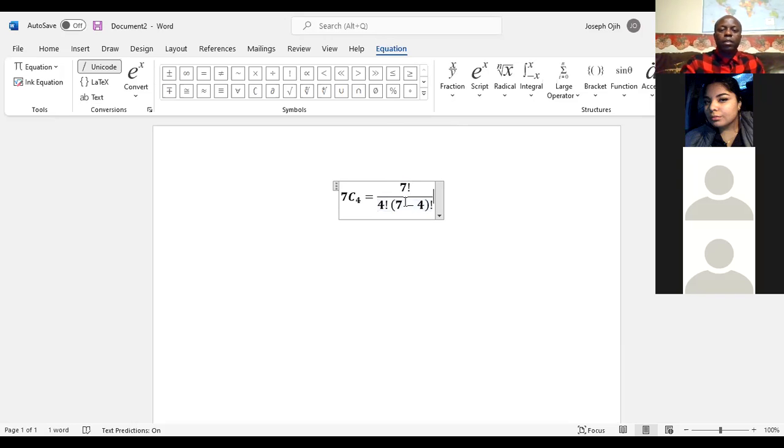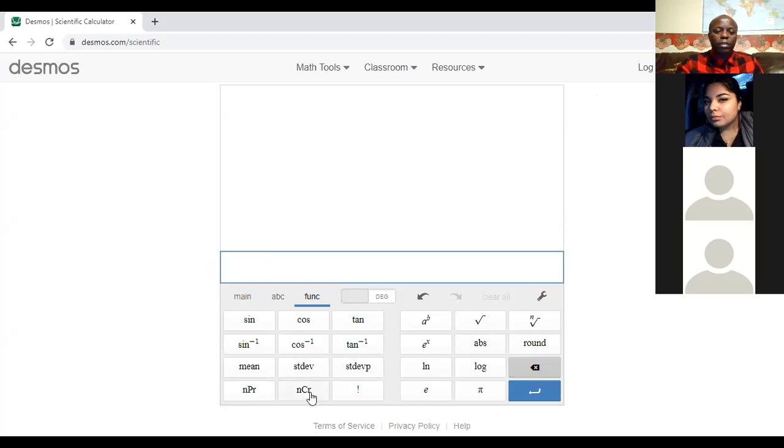Now, this is how it will look. Then if you go to the calculator, in that case we're using C. 7, this is nCr, r is for x here. So 7, 4 gives you 35.